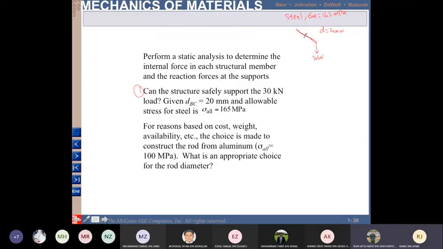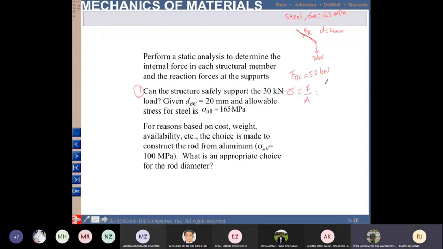And FBC, how much is FBC? Do you remember how much FBC is? 40 or 50? How much is FBC? 50. Okay. So the question asks you what is the value of, okay, so FBC is 50 kilonewton. So to solve this problem, you have to find stress is equal to F over A.